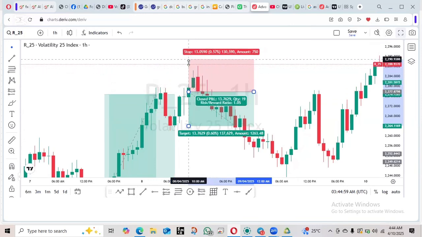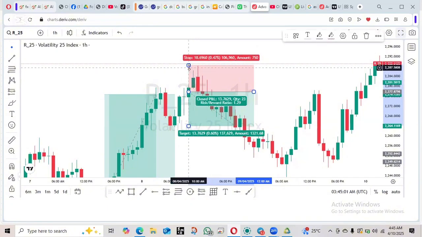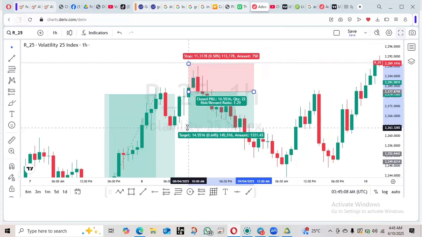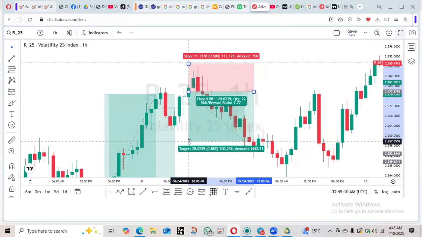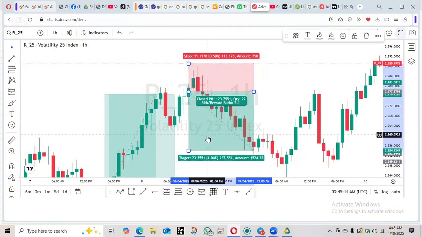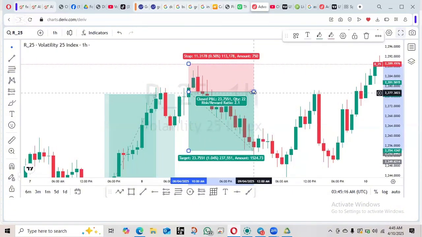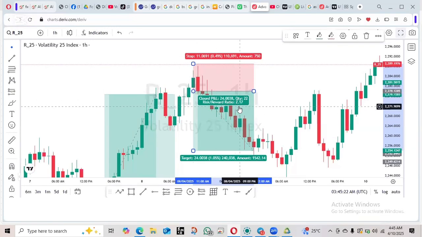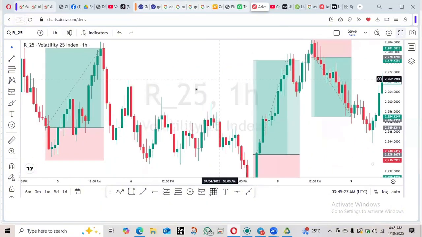So you take your sell, place your stop loss above the high of this candle here, and then you're targeting 1:2, minimum 1:2, right? And boom, you have it. You can even get more, but let's just go with that. That's the minimum target for the bearish engulfing candlestick pattern.